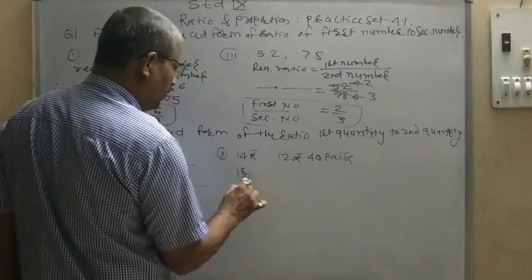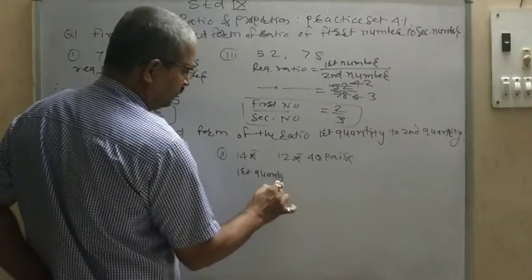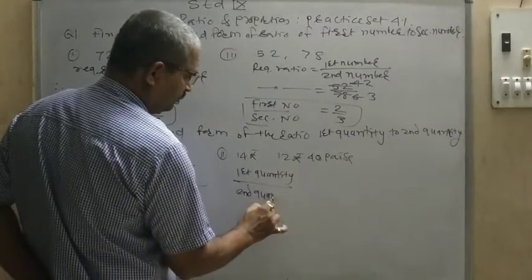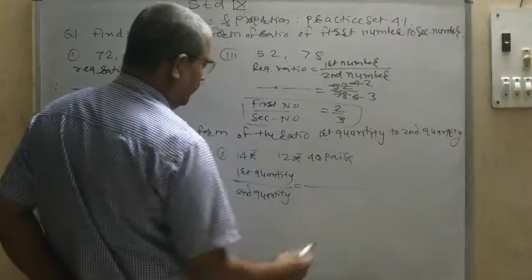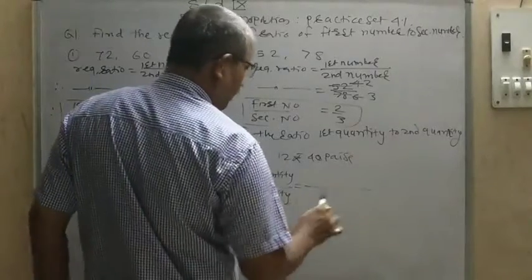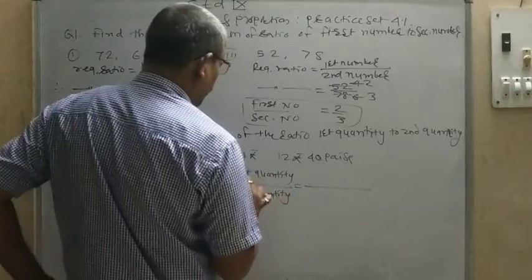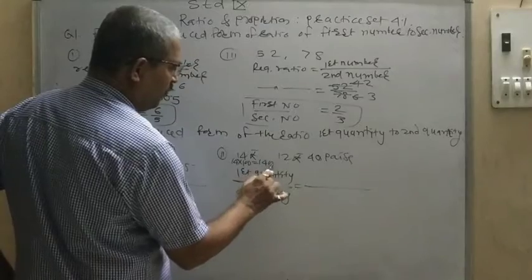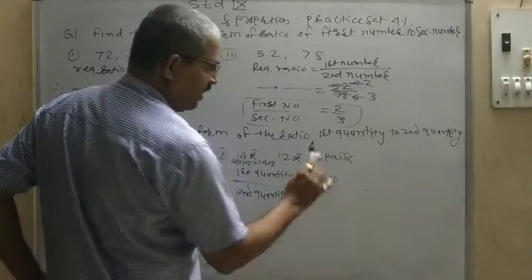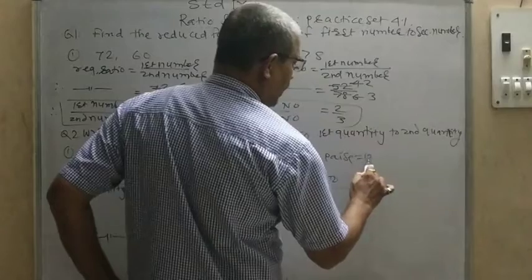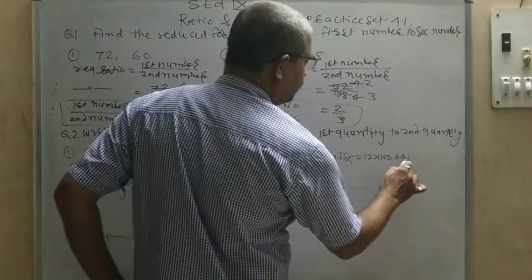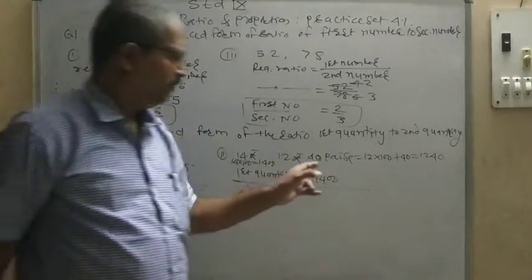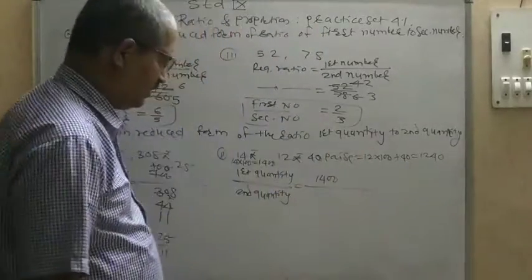Similarly here, first quantity upon second quantity is equal to, here I am going to convert 14 rupees, means 14 into 100 is equal to 1400 paise. So I am writing here 1400 paise, and here 12 into 100 plus 40 paise means 1240 paise is the answer.